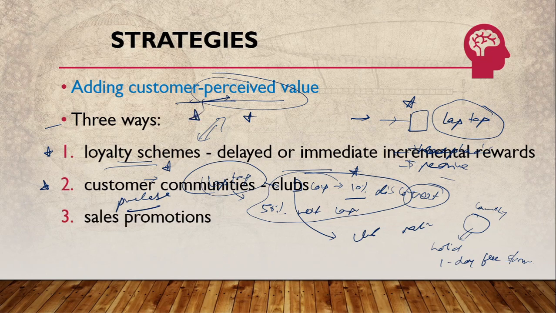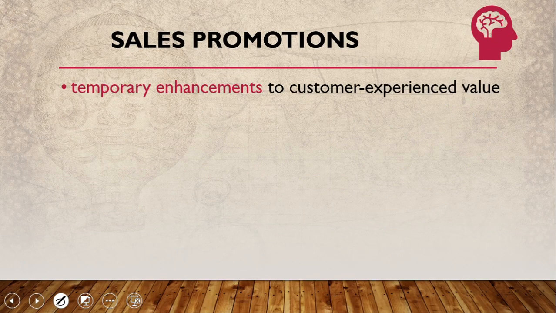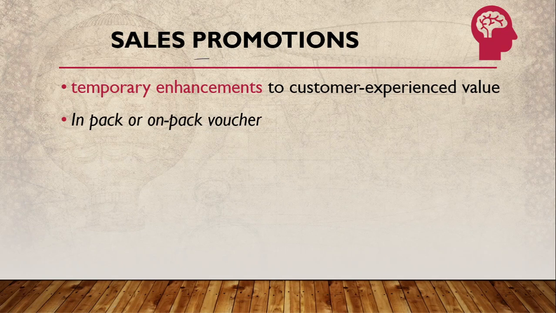And the third is, of course, that you are promoting your sales. Some of the important sales promotion techniques are these. What sales promotions do is make a temporary enhancement to the customer experience value. Let us say the first one is the in-pack or on-pack voucher. Let us say you have purchased a product and you have got a scratch card with you, and the scratch card can give you 0 to 100 rupees of benefit.